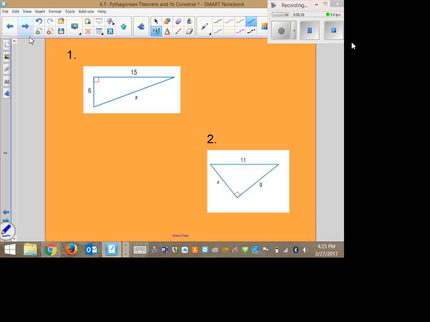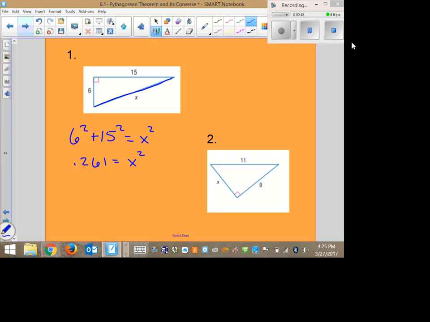So for example here, X is our hypotenuse, so we have 6 squared plus 15 squared equals X squared. So we can find that 261 equals X squared.